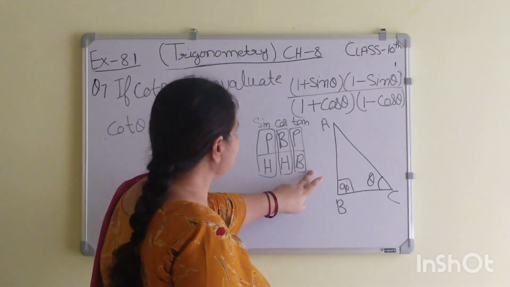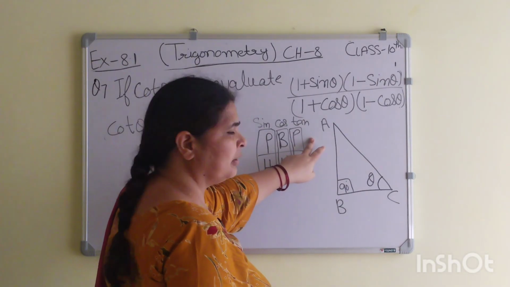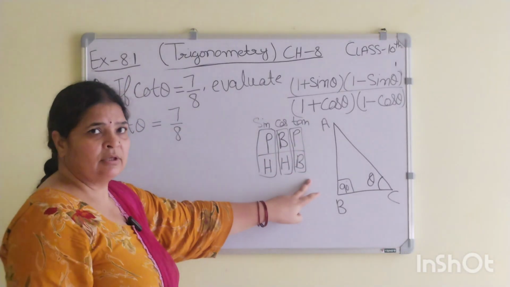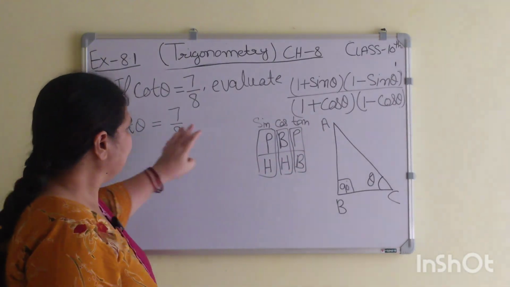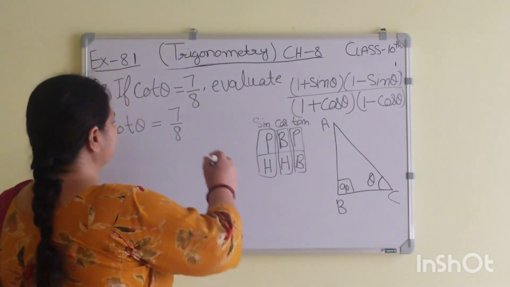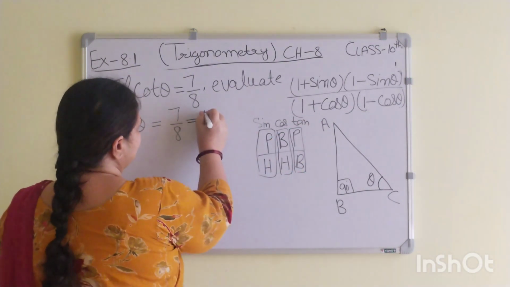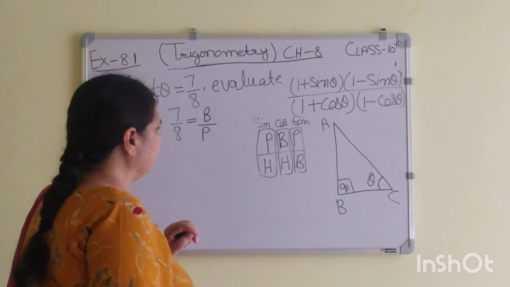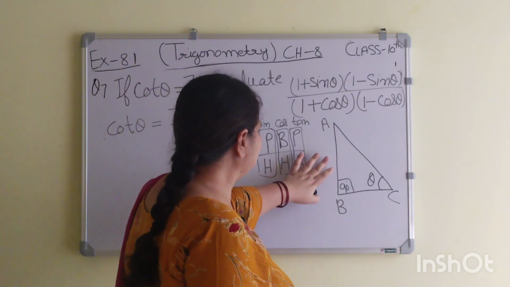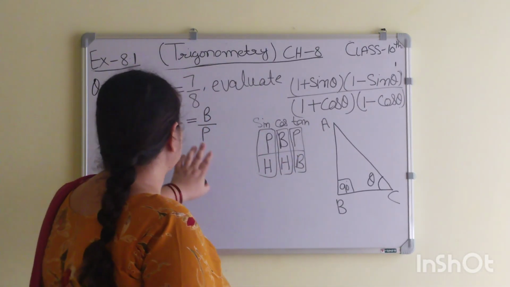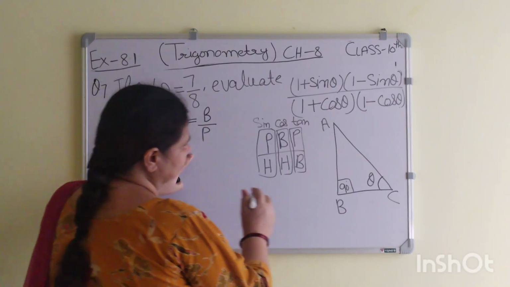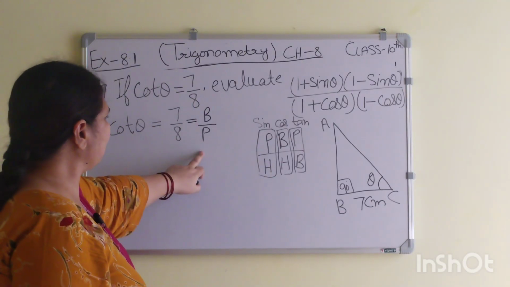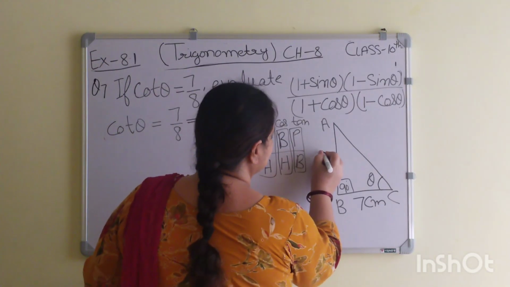Tan theta is perpendicular upon base, so cot will be base upon perpendicular. Now see that in the right angle triangle, base is equal to 7 centimeter and perpendicular is equal to 8 centimeter.